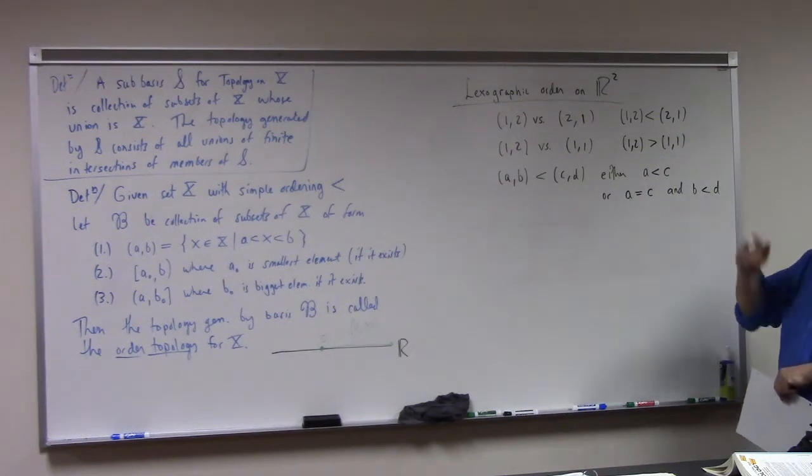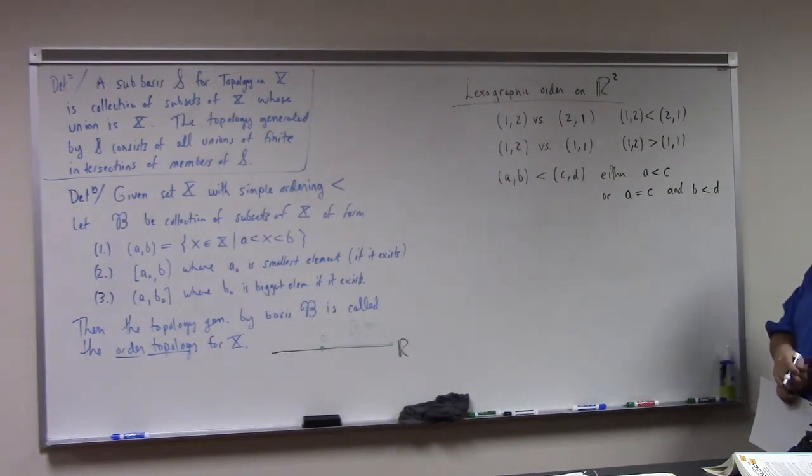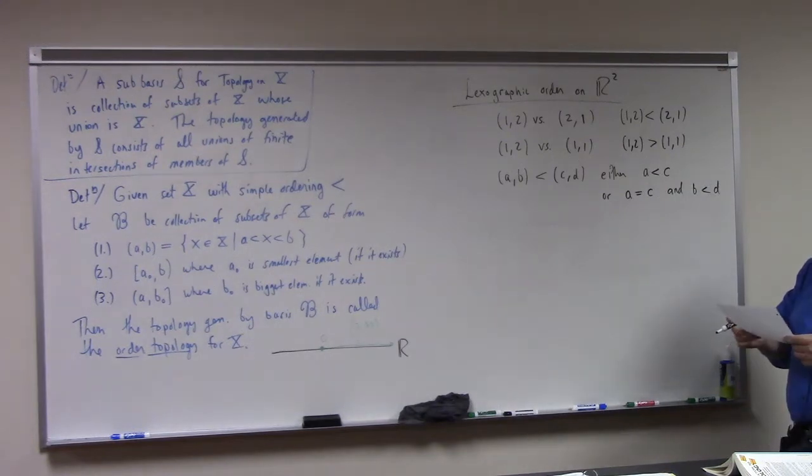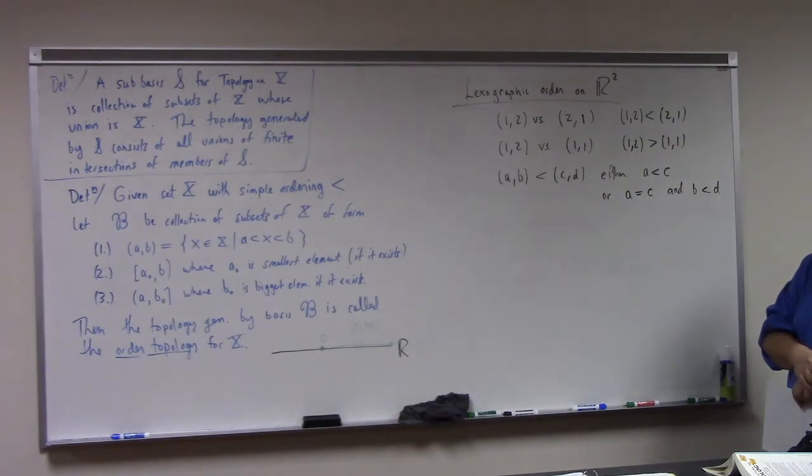I haven't thought about how to write a general rule for it, but anyway, lexicographic ordering. And so lexicographic ordering is an ordering on R2. So then you can talk about the order topology on R2.